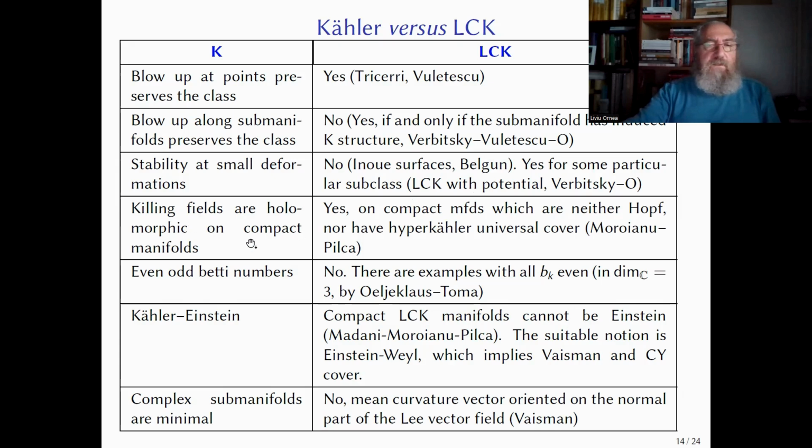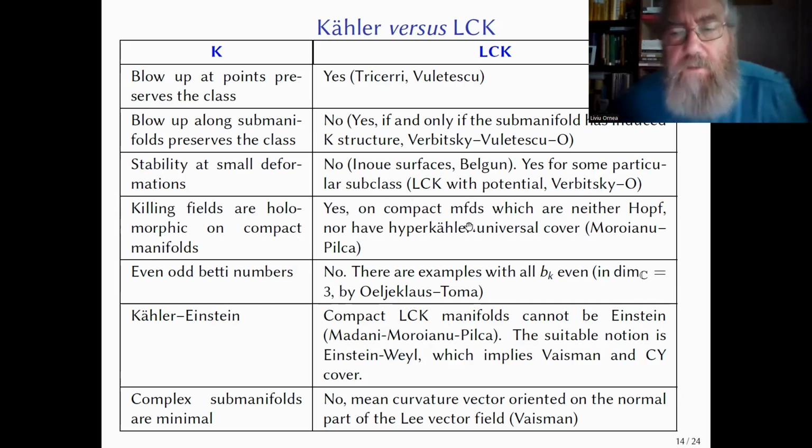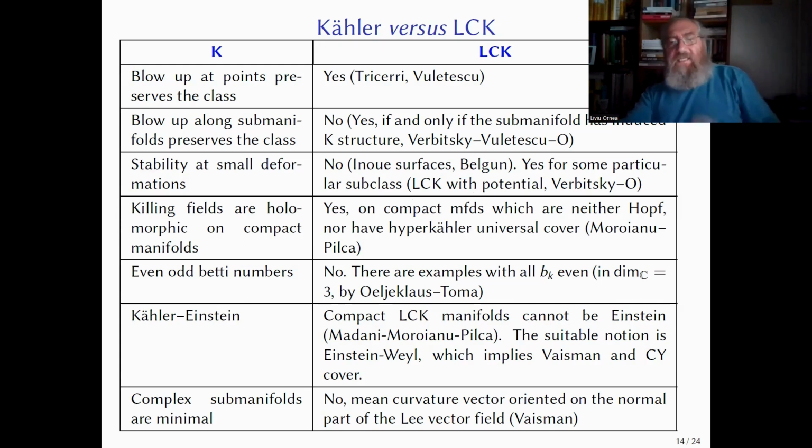You have this well-known theorem about Killing and holomorphic fields on Kähler, and this still holds. It was a surprise. It's Moroianu and Pilka, Andrei Moroianu, on compact manifolds which are not Hopf and are not locally conformally hyperkähler.